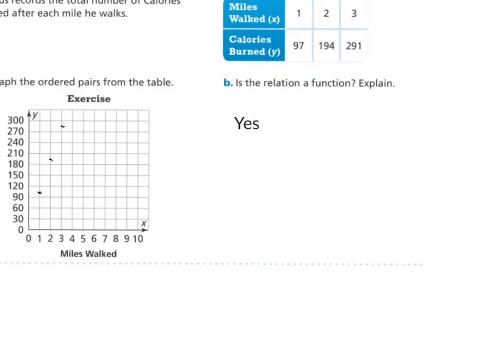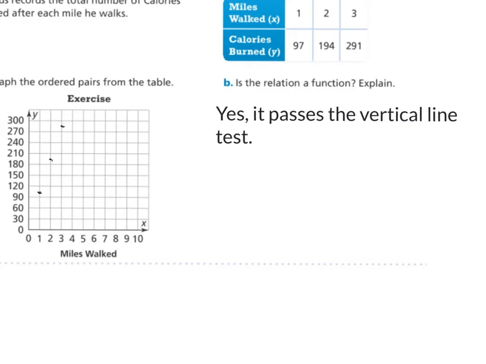So one way of explaining this, you could say yes, it passes the vertical line test. That's where we draw our vertical lines. It's only passing them, either nothing's there, or it's only passing through those one time. That's one way of explaining that.